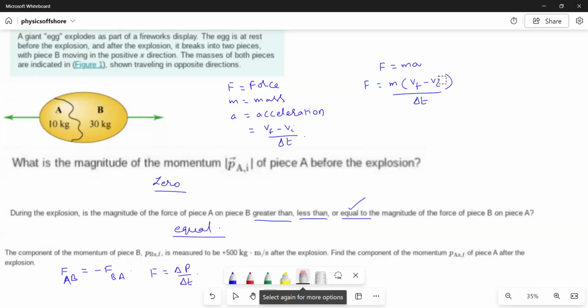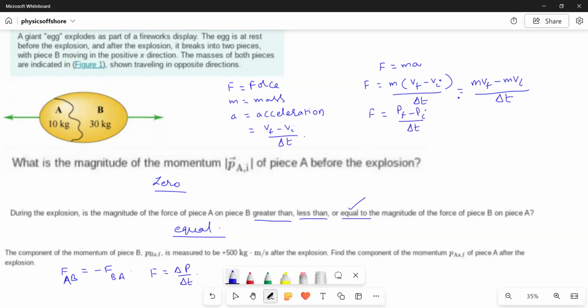Here, I will expand this one. So this will become (mVf minus mVi) divided by delta t. Or I can write it as F is equal to (Pf minus Pi) over delta t.